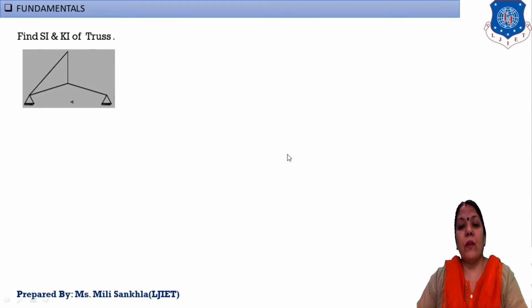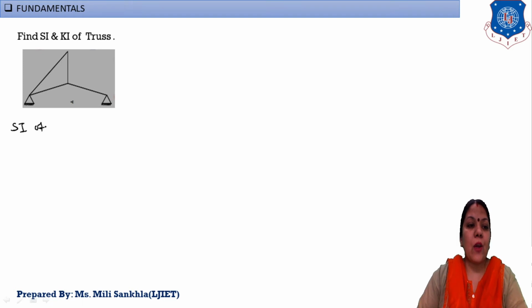Again, identify whether the given figure is a truss or some other figure. Here the shape is triangles, which means the given figure is a truss. First of all, write down SI of truss. Make a heading: SI of truss. Now what is the equation?